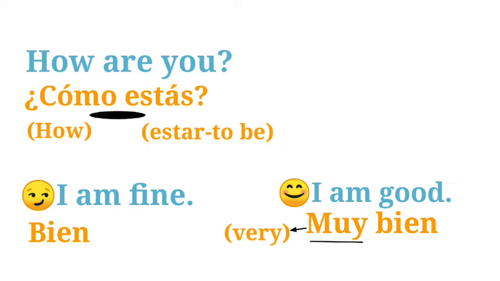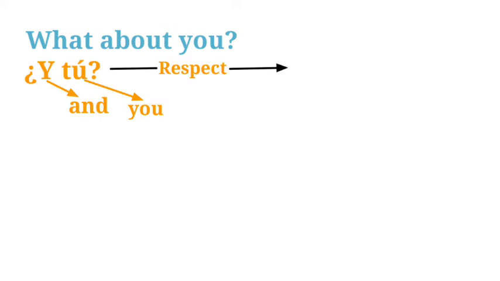Naturally, if somebody is asking me how are you and I say I'm fine, I would say and what about you? So this what about you is quite easy in Spanish language. It's y tú. So it's y and tú for second person singular. Now if you want to pay respect to that person, we can substitute tú with usted.